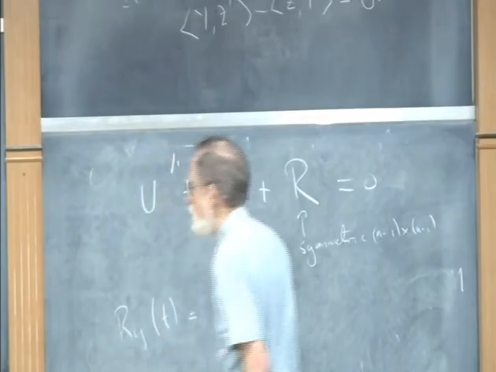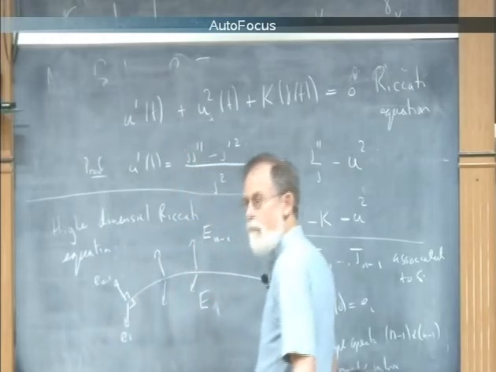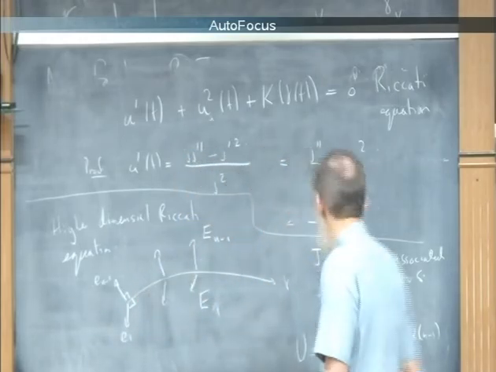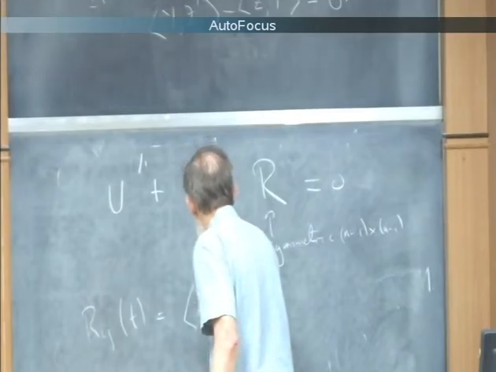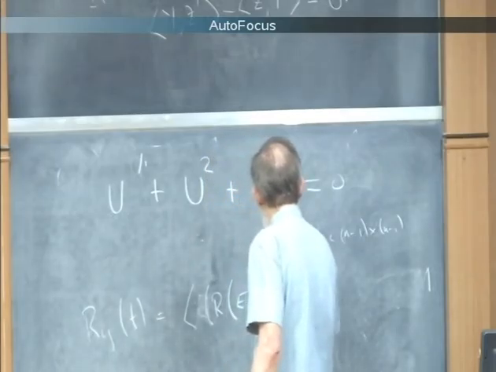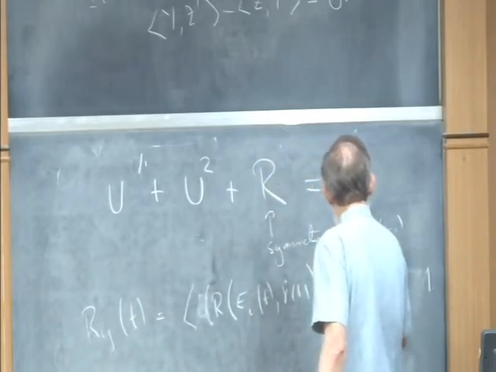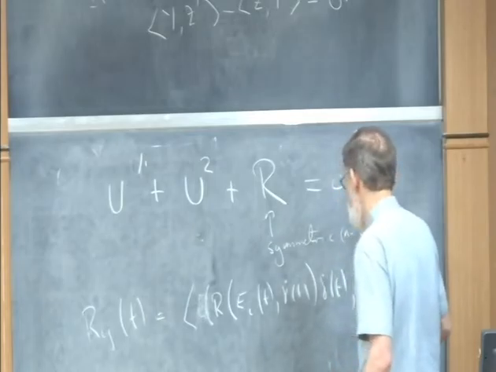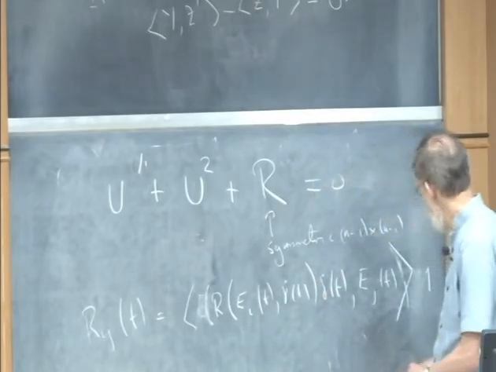Let me use capital N to denote the parallel vector fields. The ijth entry of this matrix at t turns out to be the inner product of the curvature tensor applied to Ei of t, gamma dot of t, gamma dot of t with Ej of t.